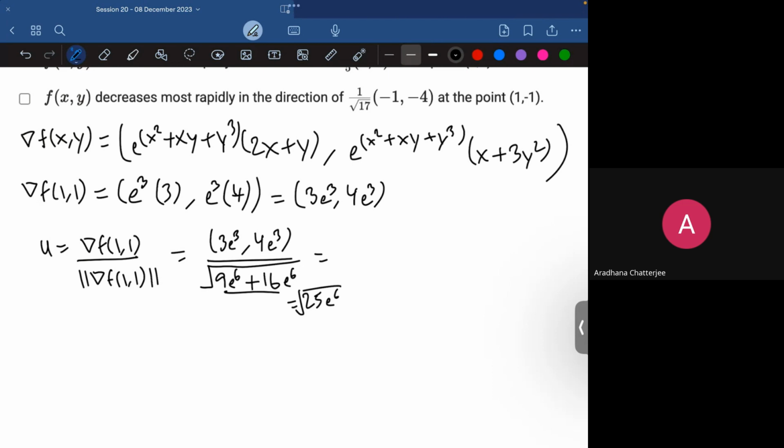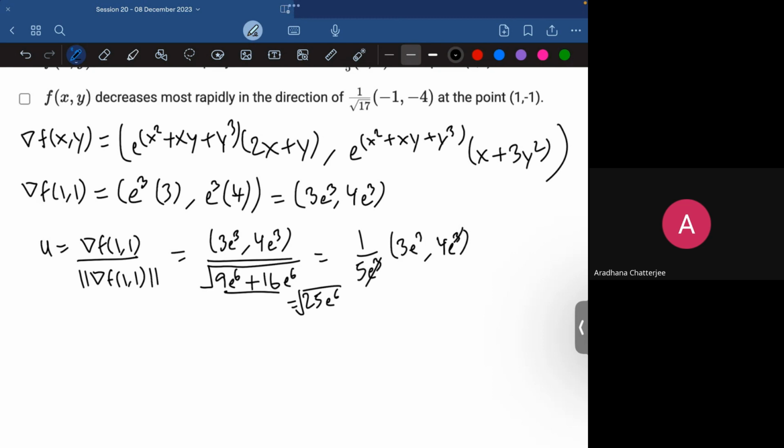That's just a constant, so we can pull that out. So we'll have 1 by 5 e raised to 3 times this vector. And because we have e raised to 3 common, each e raised to 3 gets cancelled.